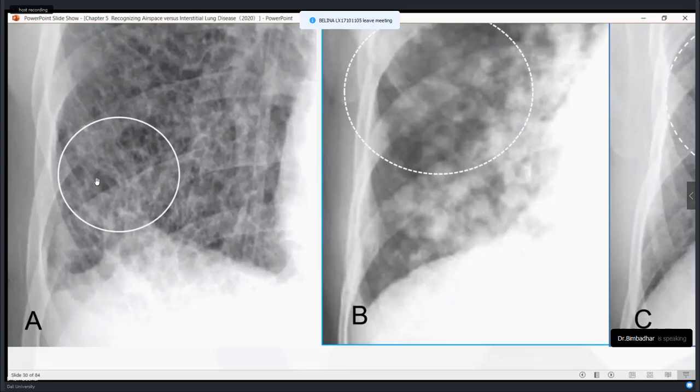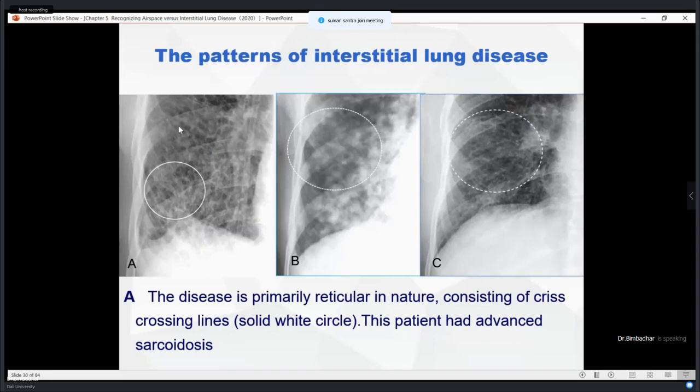Okay, I will tell you about the pathologies which cause such patterns, but first try to imagine how exactly they look. The opacities that look like strong lines, diffusely distributed all over the chest fields, are called a reticular pattern, and they have crisscrossing lines.